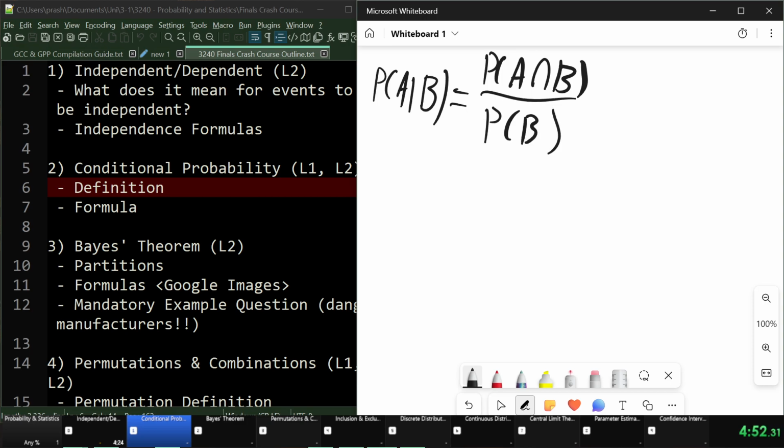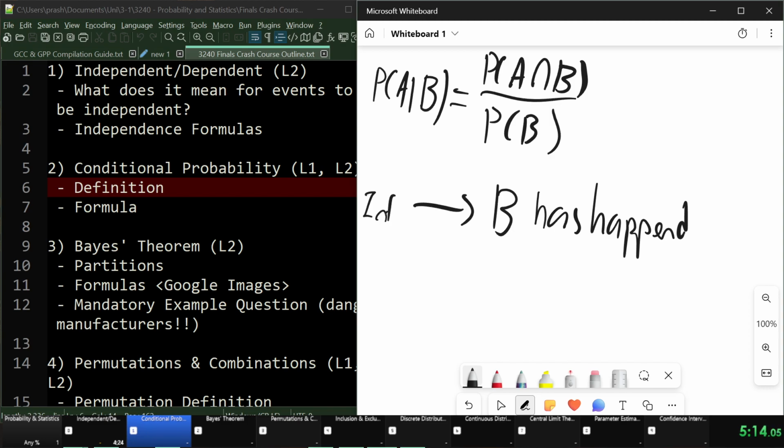This is the formula for conditional probability. To have a conditional probability means that you are given a piece of information. Let's say it's the fact that the event B has happened. So you're given this. You know this information.